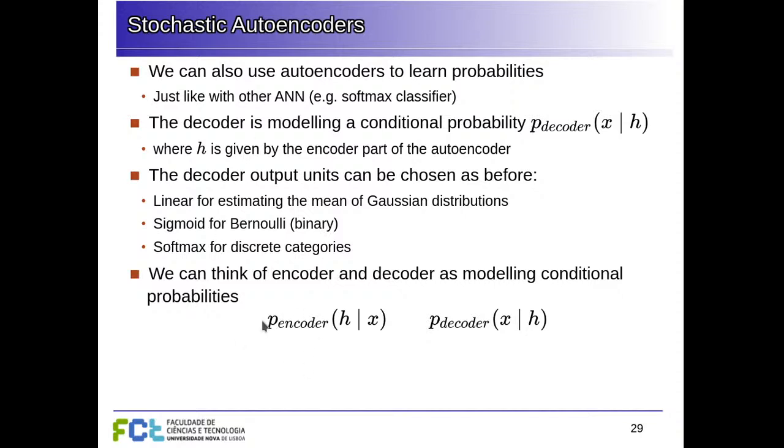The encoder will try to create this probability distribution for each example that we present, and then the decoder, given those parameters, will try to output a set of values that is as close as possible to the input. So we can do this to output values from representations in some particular distribution.